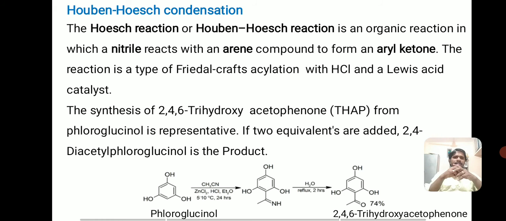This reaction is just like a Friedel-Crafts acylation with HCl and a Lewis acid catalyst. Here the Lewis acid catalyst is ZnCl2, zinc chloride. An example for this Houben-Hoesch condensation is the formation of 2,4,6-trihydroxyacetophenone from phloroglucinol.